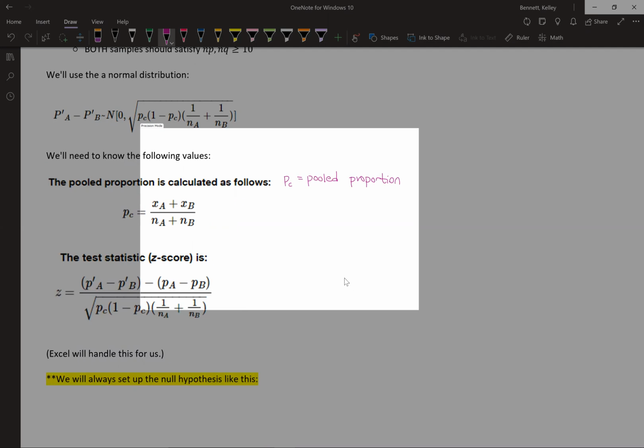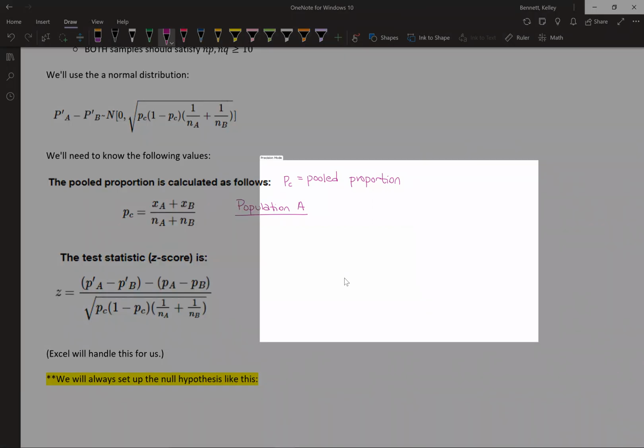And you're going to have two populations. You're going to have population A, and you're going to have population B. You could think of this as population 1, population 2, however you want to label them.